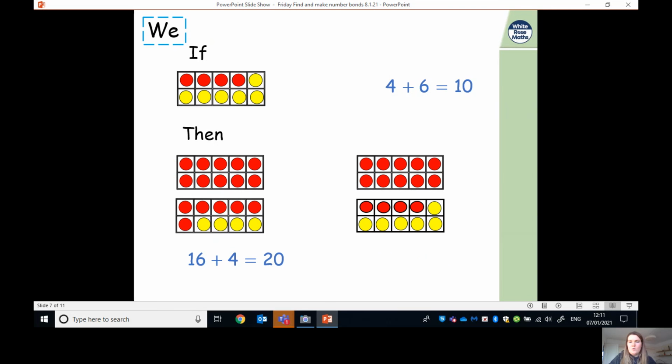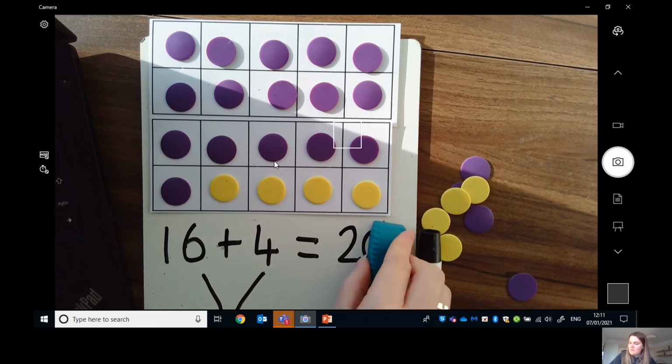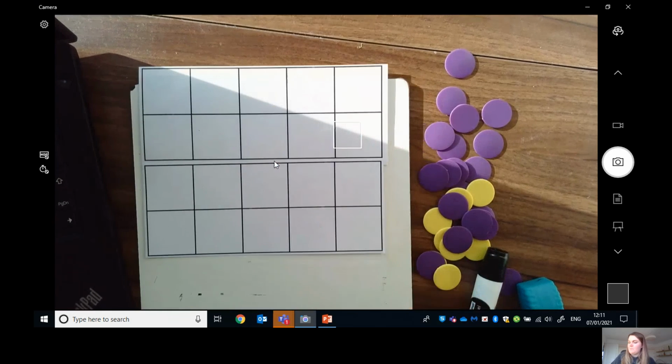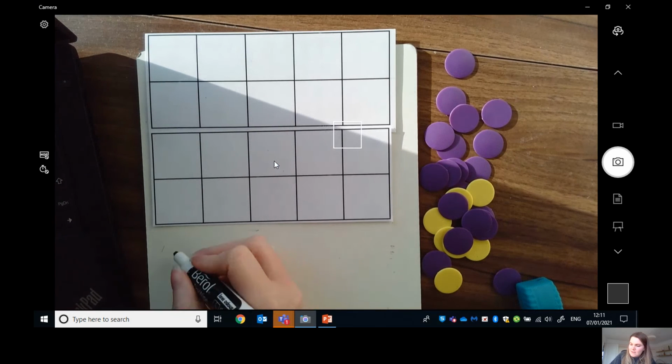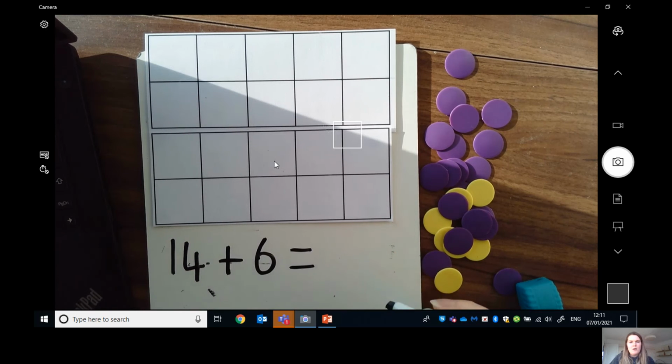So what's 14 plus 6? The first thing we have to do is write out our sum. Let's see if Miss Banville can write it out correctly this time. 14 plus 6.